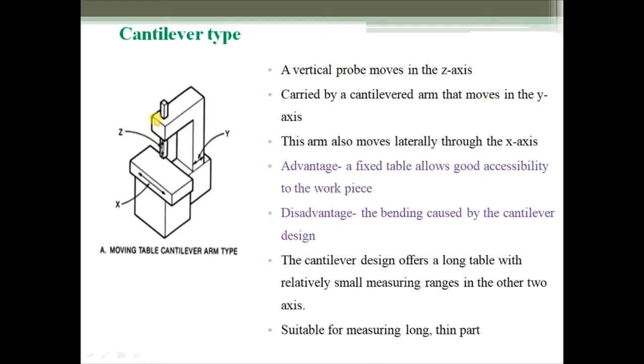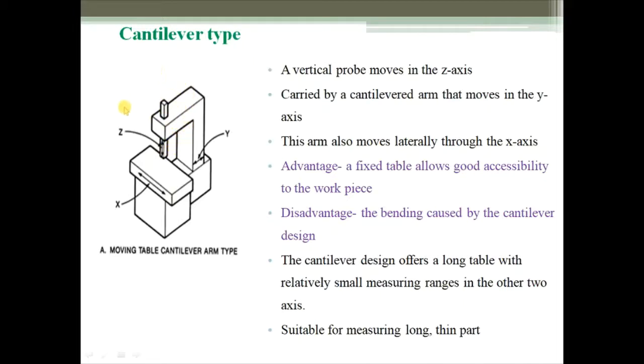Let us see the advantages. The advantage is a fixed table, which allows good accessibility of the workpiece. That means the table is fixed, so it allows easy accessibility of the workpiece. The disadvantage is the bending caused by the cantilever design.